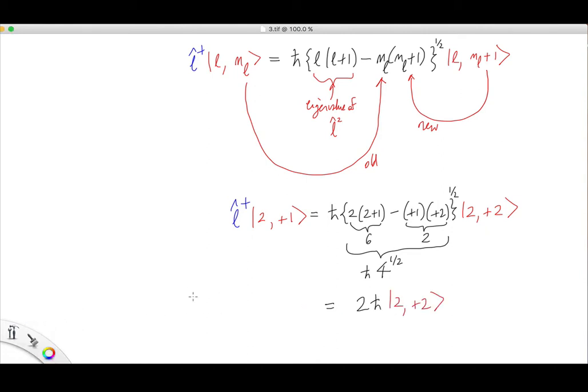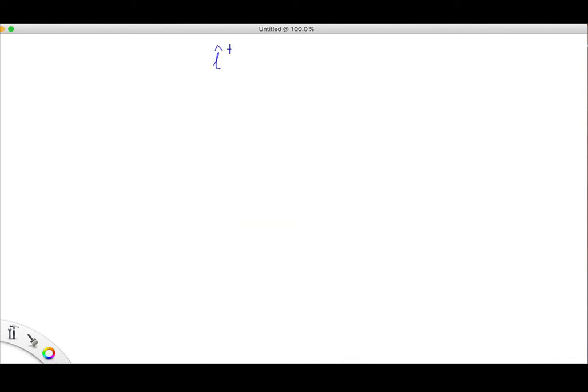And I can repeat that procedure for any state to which L plus is applied. If we take another example, so if we apply L plus to the state 2 minus 1, we get again the complicated factor. L times L plus 1 would be 2 times 2 plus 1, minus the existing value of ml, which is minus 1, and multiplied by the value of ml plus 1, so the new value of ml, which has been raised by the raising operator.